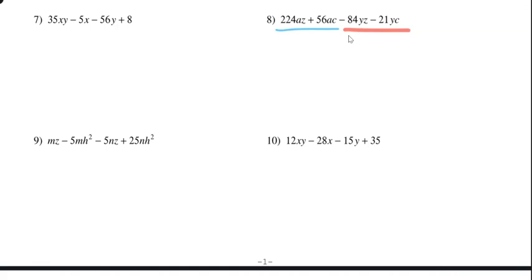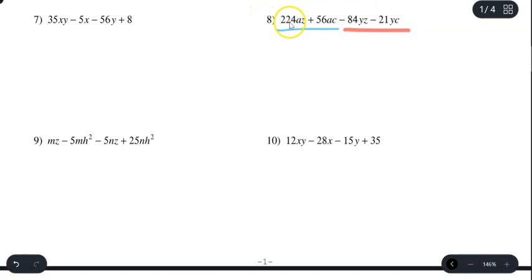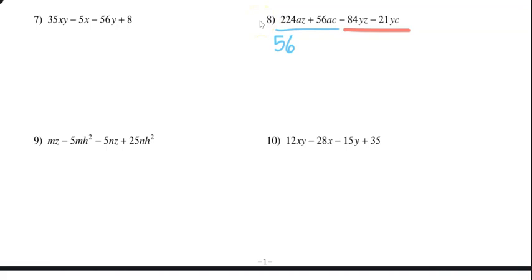So let's try this out and see if this works. Is there a GCF between 224 and 56? Ouch. Well, if you actually look at these two, you can factor out a 56. 56 actually goes into 224 4 times evenly. And again, this is something you would have to piddle with on your calculator to find the greatest common factor.